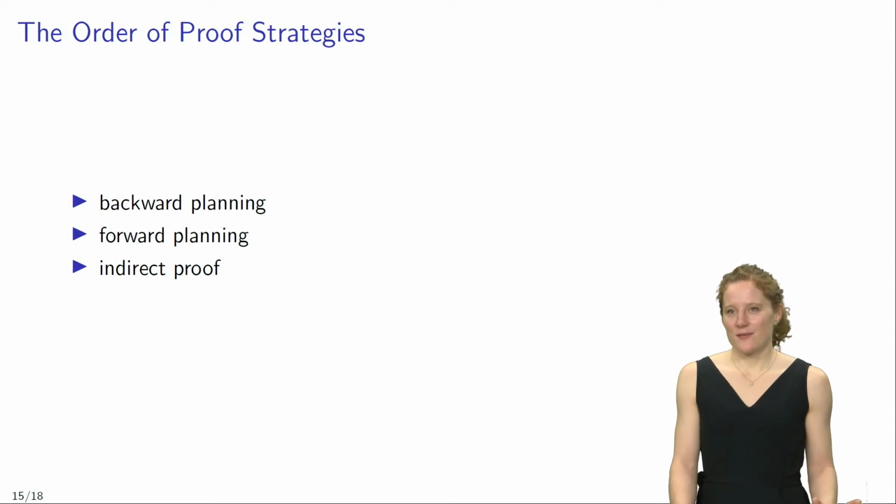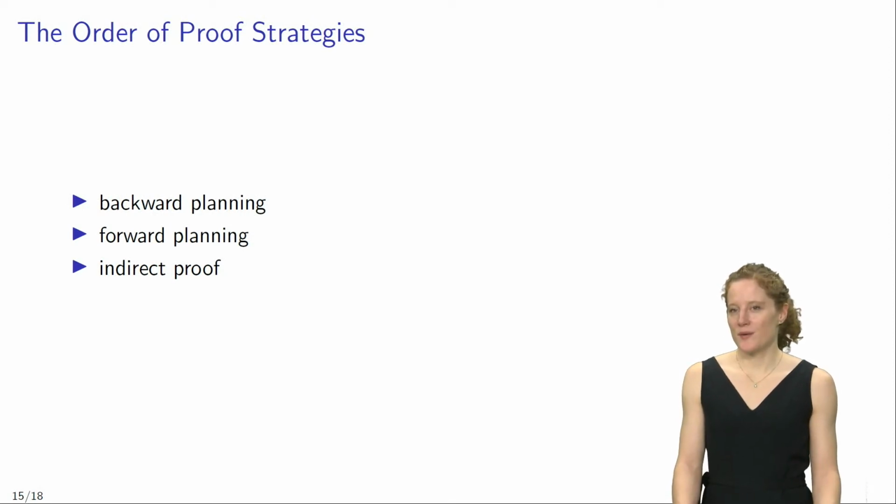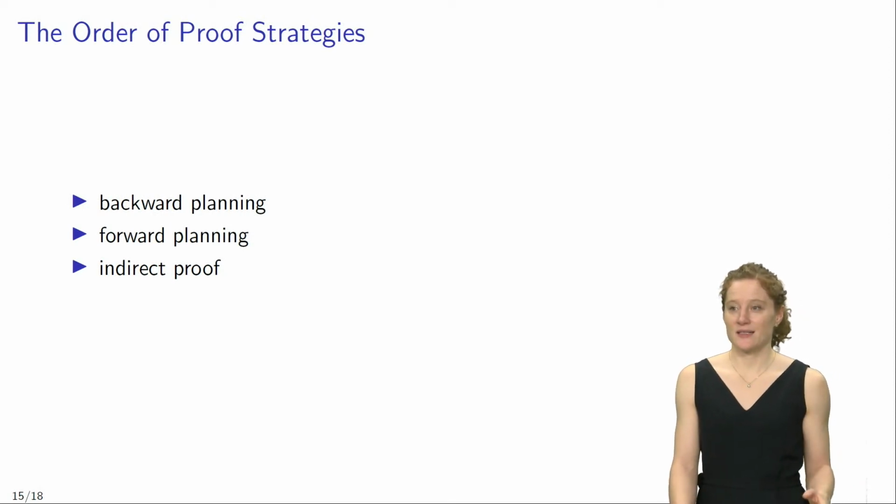So we have three main proof strategies: backward planning, forward planning, and indirect proof, as we have studied earlier in the semester. And just as we discussed before, you should apply these strategies in a specific order. In most cases, it makes most sense to start out by trying backward planning, since backward planning is a goal-oriented strategy.